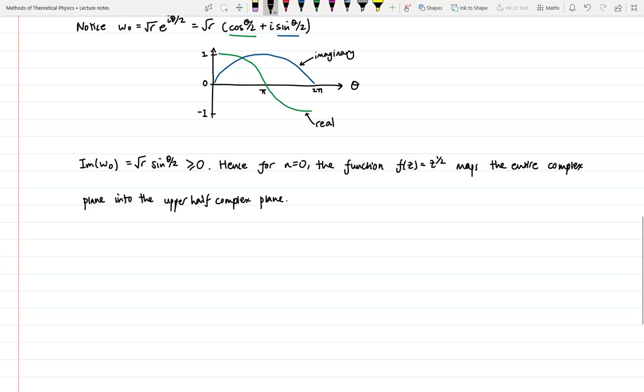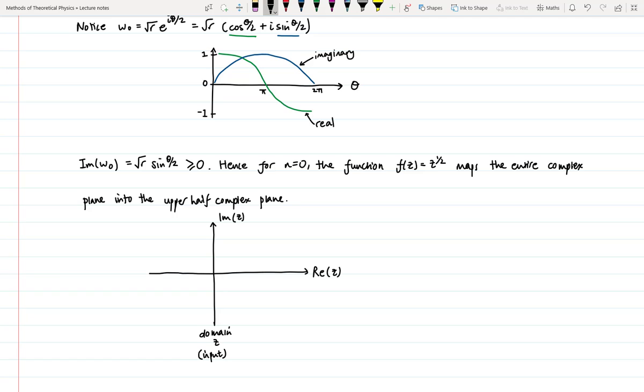To make this absolutely clear, we can draw a set of axes for the domain and range of our function. This here is the imaginary part of the input, the real part of the input. Below, I'll note that this is the domain to our function z, in other words, the input.